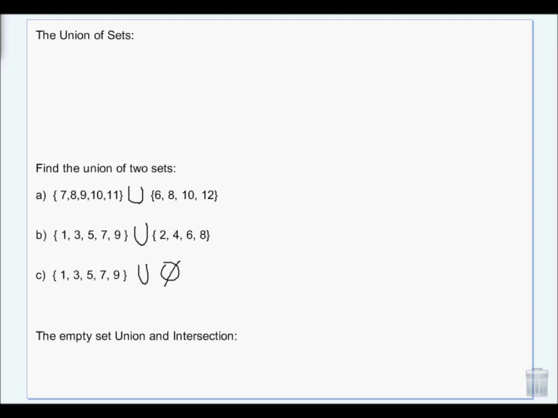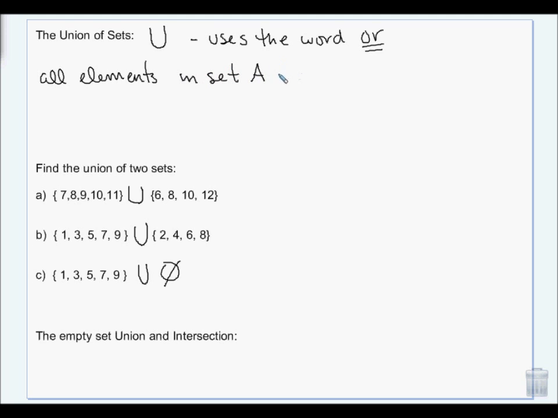So a union uses a right side up U, it uses the word or instead of and, and it's all elements in set A and all elements in set B. I can't hardly write today.